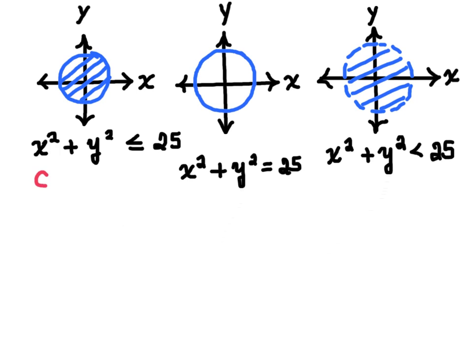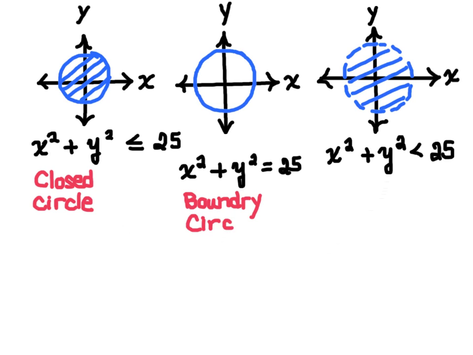This first graph is a closed circular region. The second graph is a boundary region, or boundary, which is a circle. And our last graph is an open circular region.